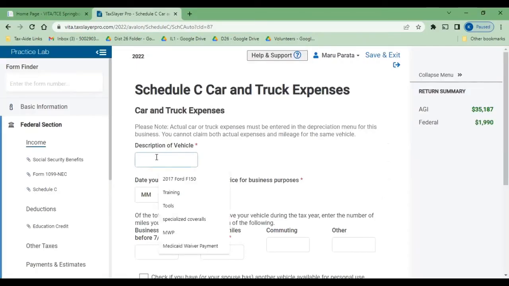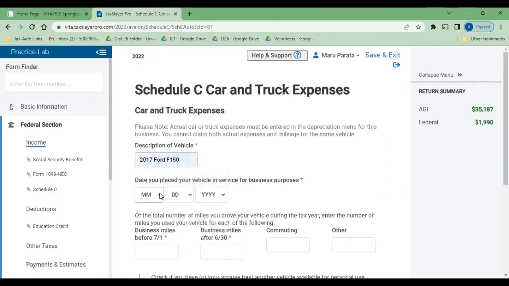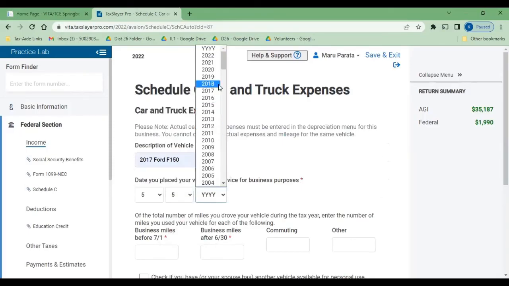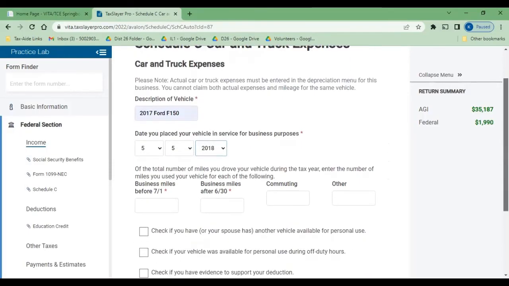He tells us he has a 2017 Ford F-150 that he placed in service on May 5th of 2018. He has given us his business mileage in his worksheets. So I'll enter those as 300, and second half is 358.